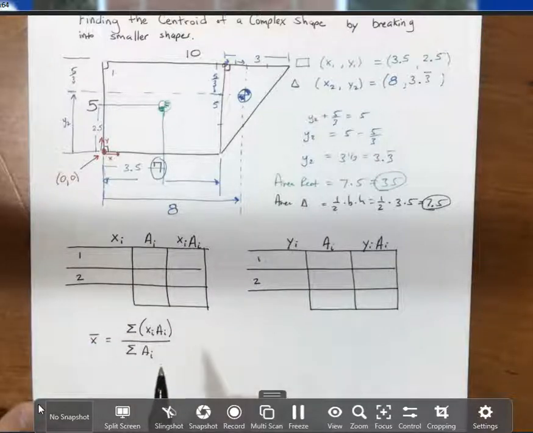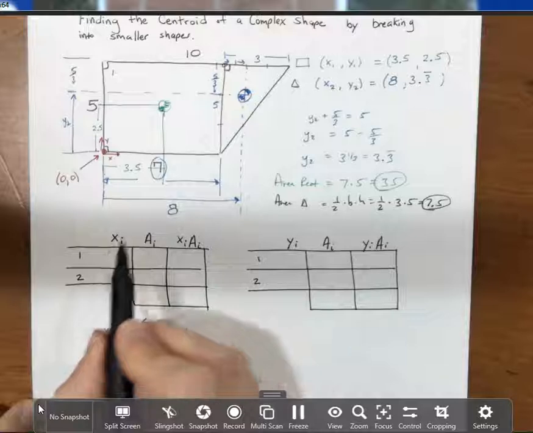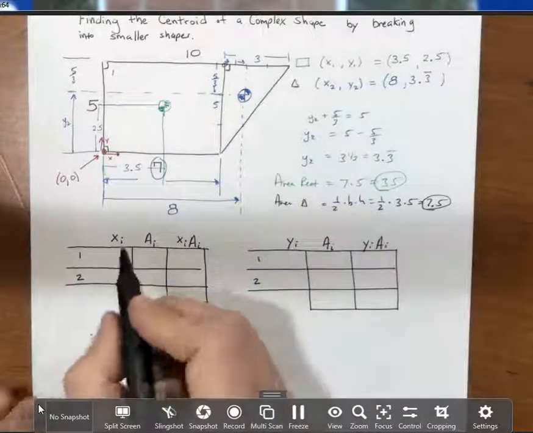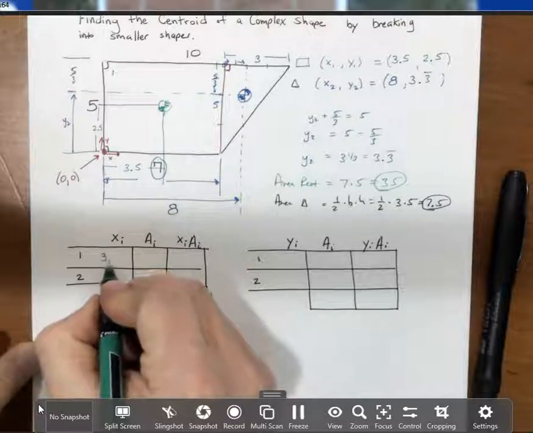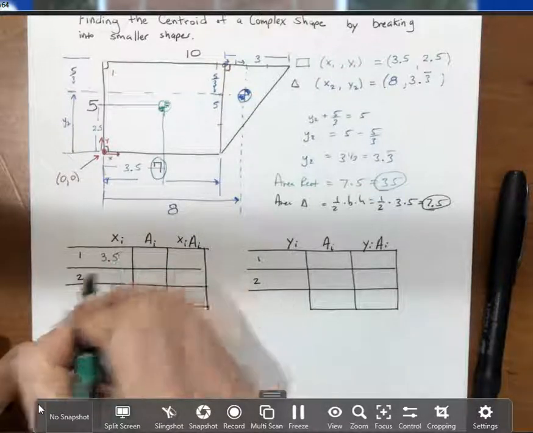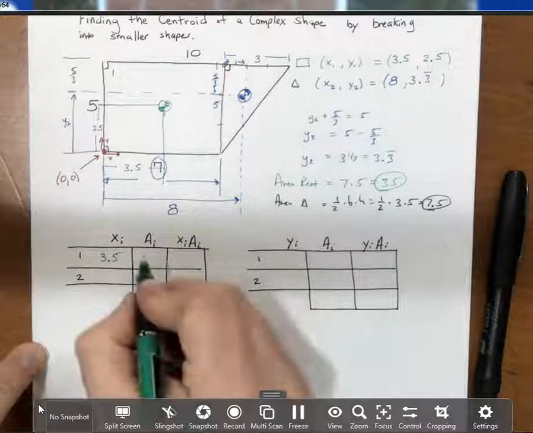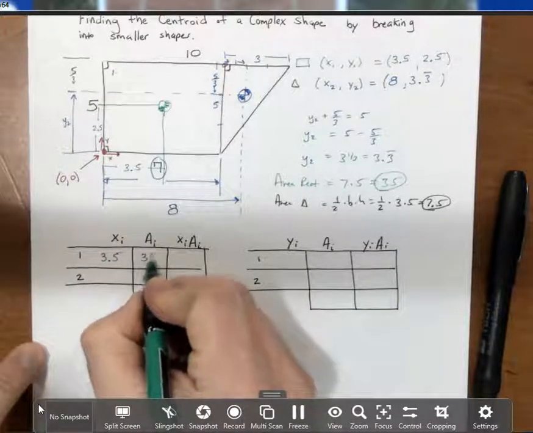I made a little table, and we're going to plug in the x-coordinates. The i represents a label for each instance, and we have two instances, two shapes. The x-coordinate of my rectangle in green was 3.5. I can keep it color-coded if that helps. And the area was 35.